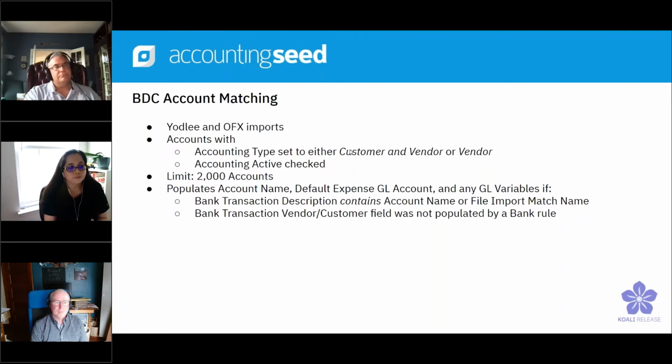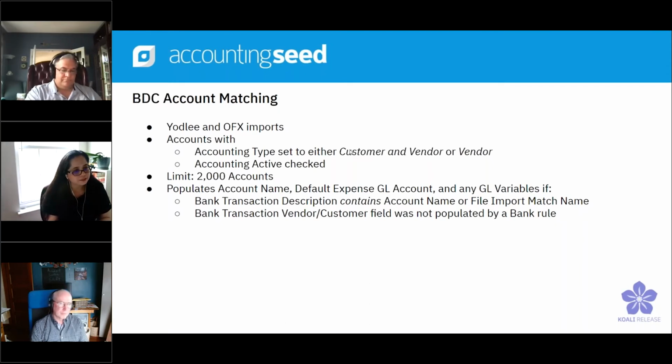Now, because of all the processing that's happening in the import job where this account matching resides, we have set a limit to 2,000 accounts and hope to refactor this part of our code and up this limit maybe in a future release.